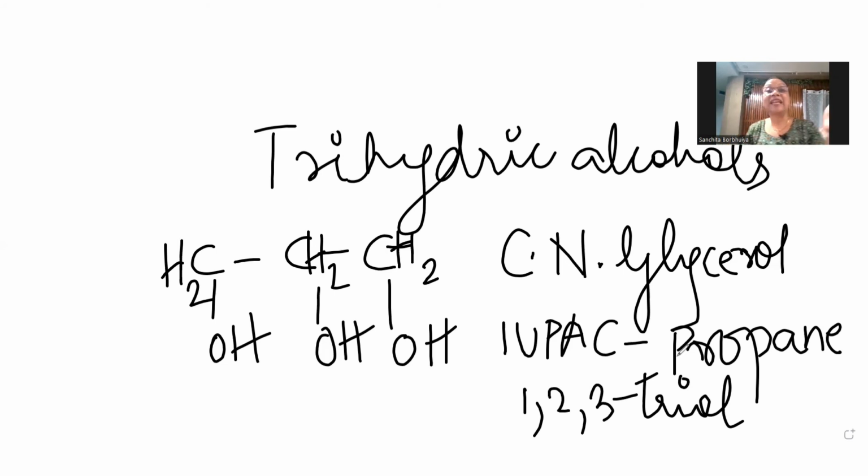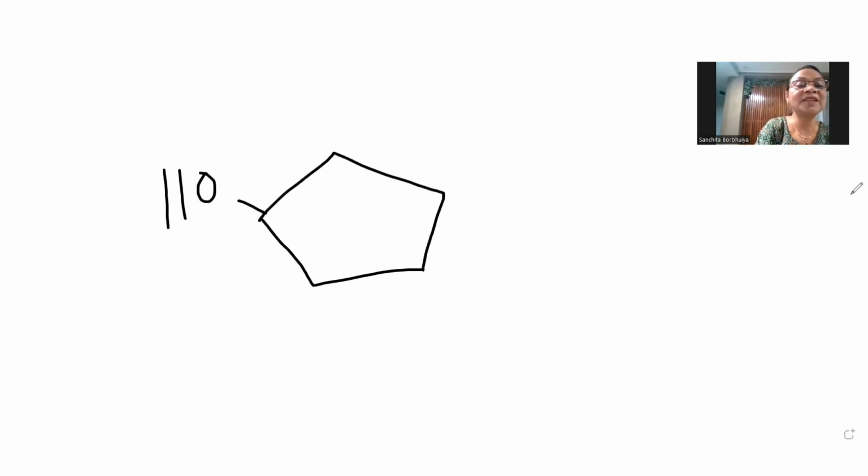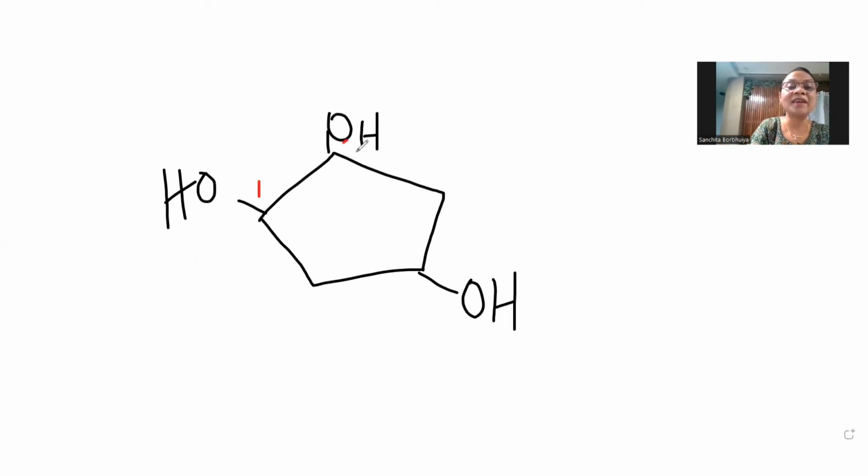And let us do one cyclic example as well. These are easy stuff. So let us put one OH, another OH. I hope you remember the lowest addition rule. I am not going to teach that now. For any clarity regarding the lowest addition rule, go back to my previous videos, see it, and then you will come to know what it is all about.